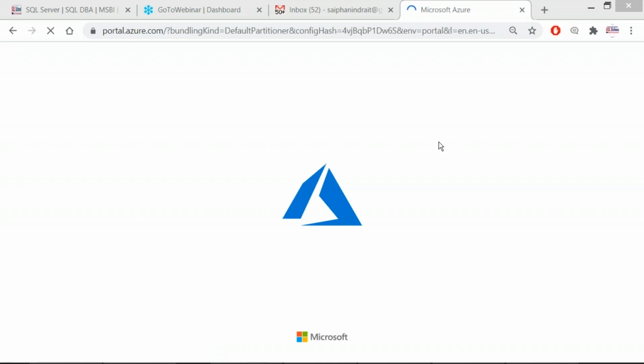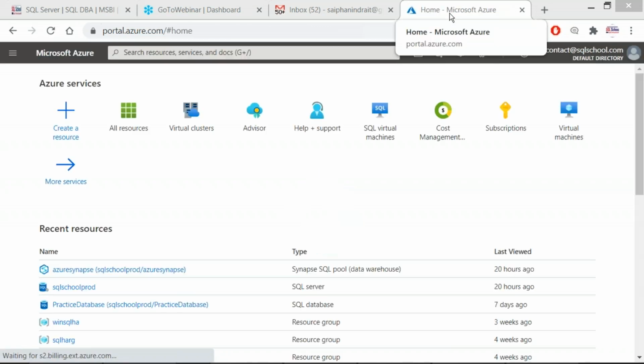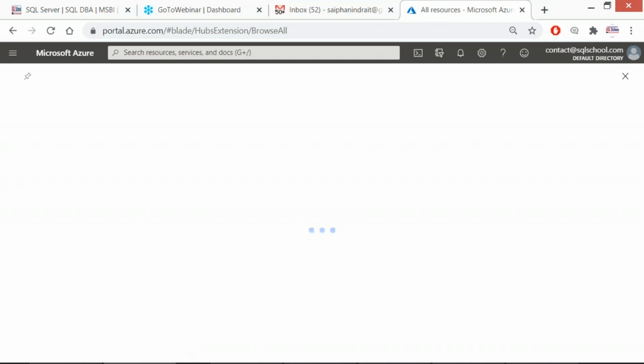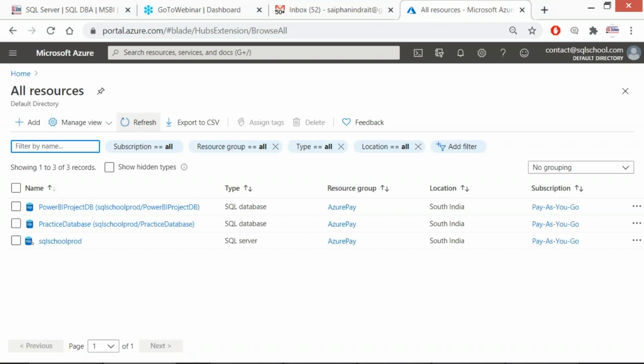So here we go. Just an example. So Azure is a virtual platform that can be used to store, host, securely store, and access literally any type of data.